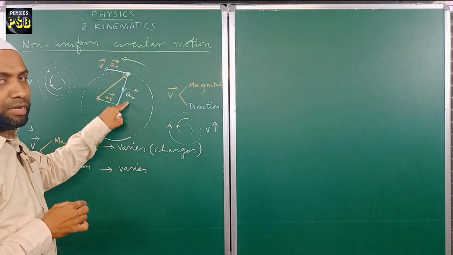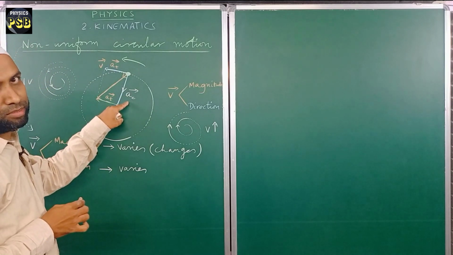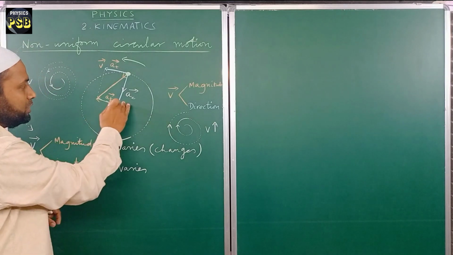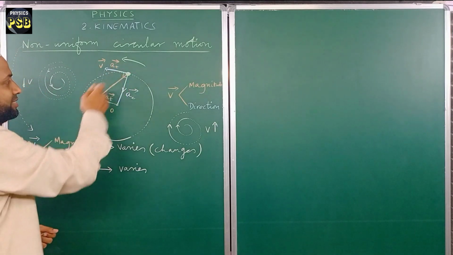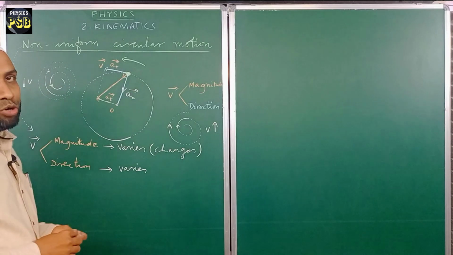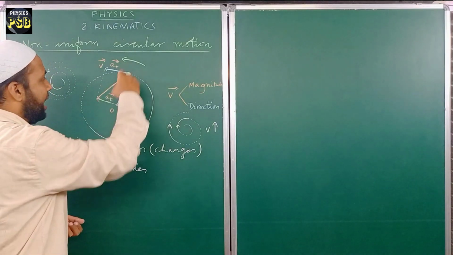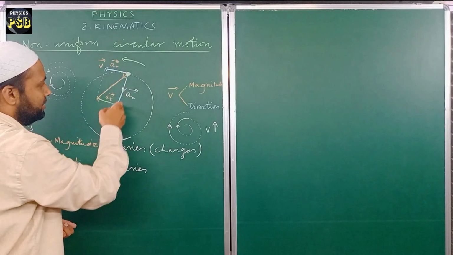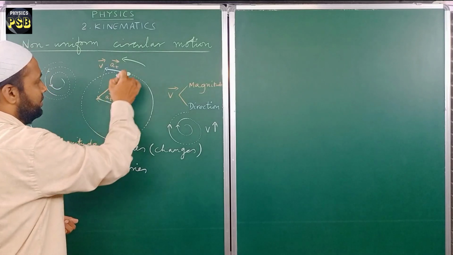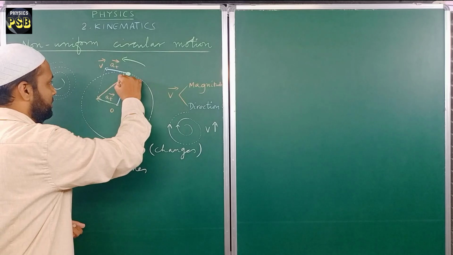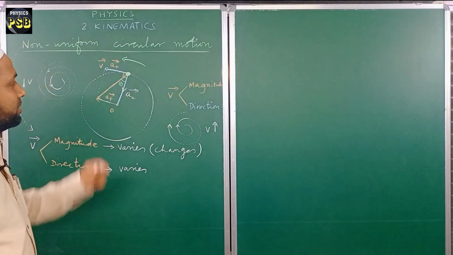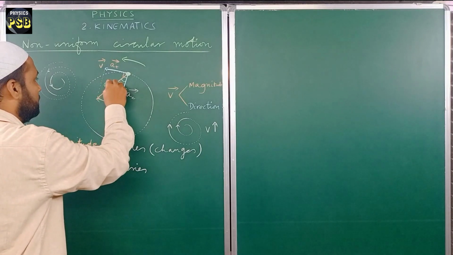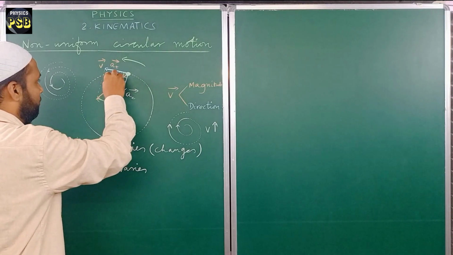This is another vector, that is AC vector, centripetal acceleration. This is tangential acceleration. These two are represented by the sides of this right angled triangle. Now here the angle made by this diagonal and this adjacent side is taken as theta, which gives us the direction of this resultant vector, which I represent using the letter AR vector.